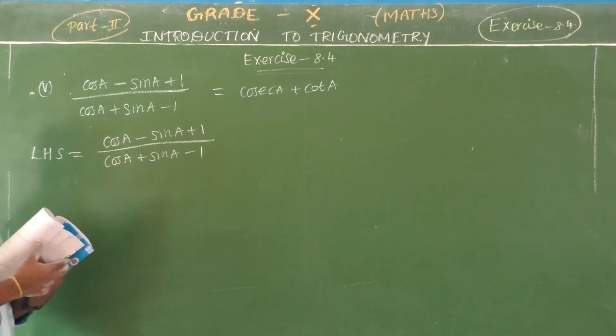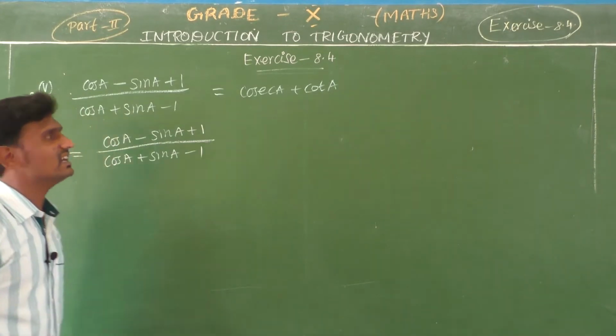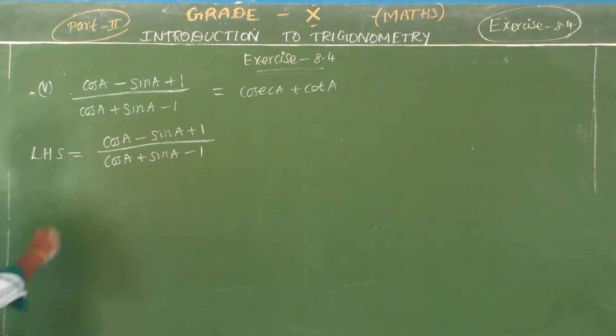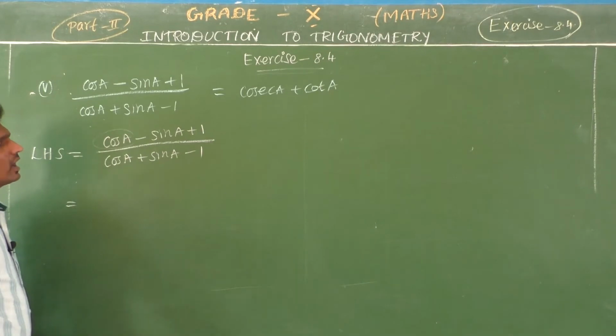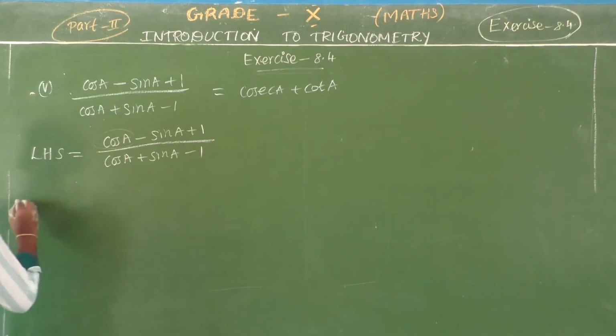So in the example sum you multiplied by cos theta. Now we are going to multiply by sin theta. Why? Because cos by sin gives cot.